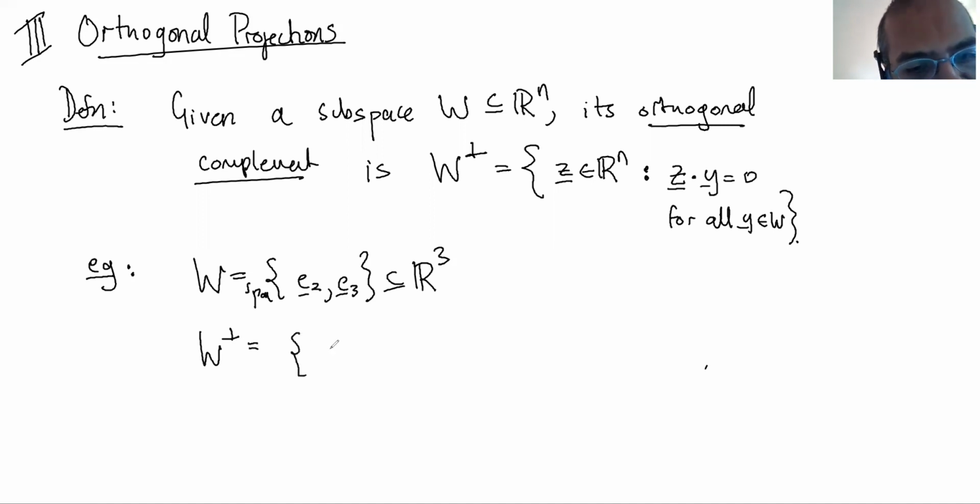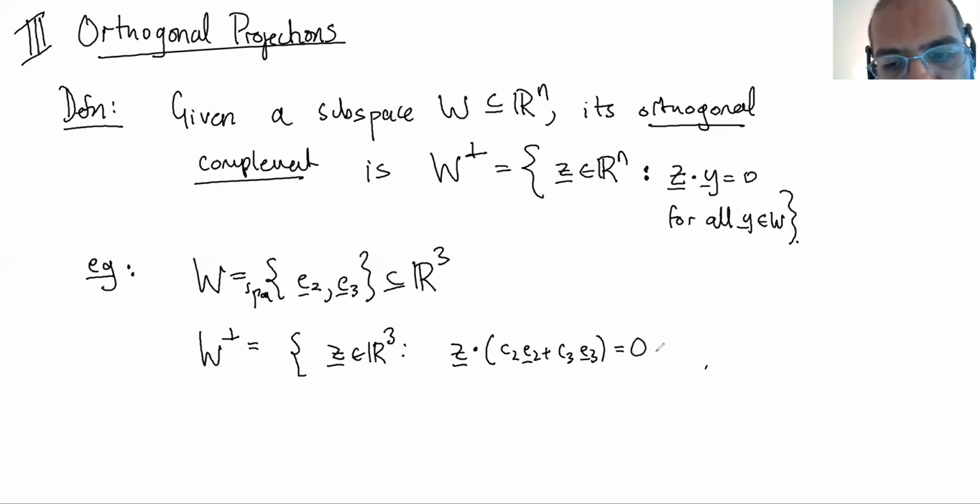Well, it's the set of all vectors Z in R3 so that Z is orthogonal to every linear combination of these two vectors, right? So that Z dot C2 E2 plus C3 E3 equals 0 for all C2, C3.